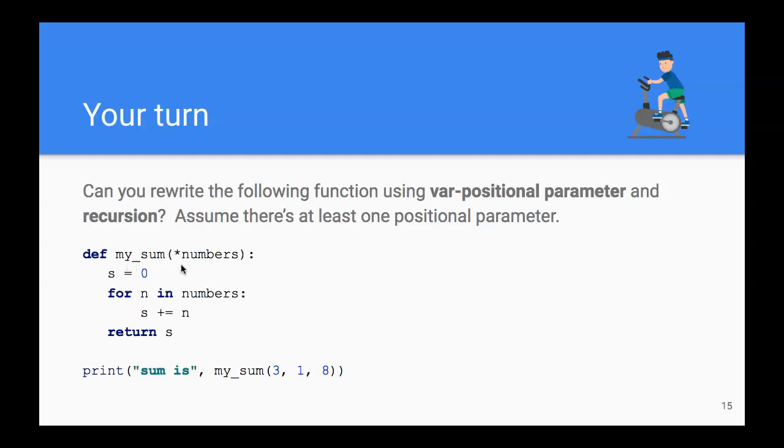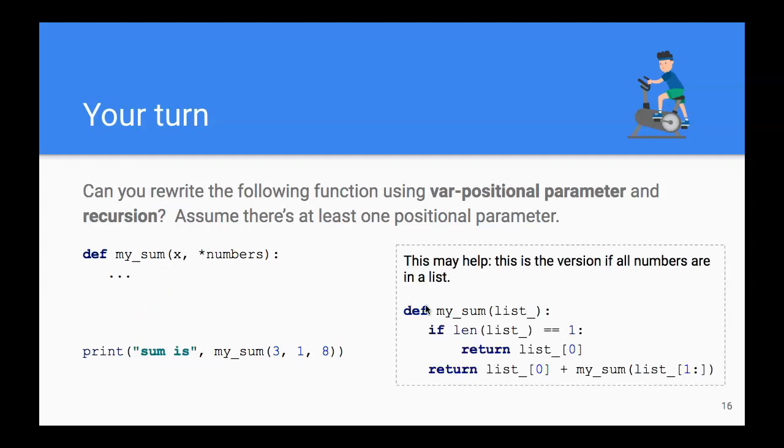So go ahead, pause the video and give this a try. Now, if you are stuck, you can unpause the video and I'm going to give you a hint. But anyway, give it a try first. All right, so hopefully you have figured it out. If you have not, here is a hint. Well, actually, two hints.